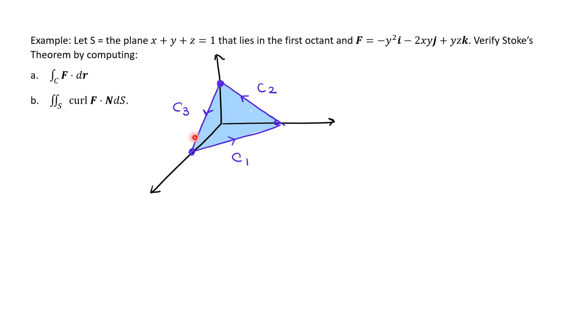So Stokes theorem is telling me if I integrate my vector field along this boundary, I will get the same answer if I integrate the curl of my vector field across the surface that I have shaded in blue.